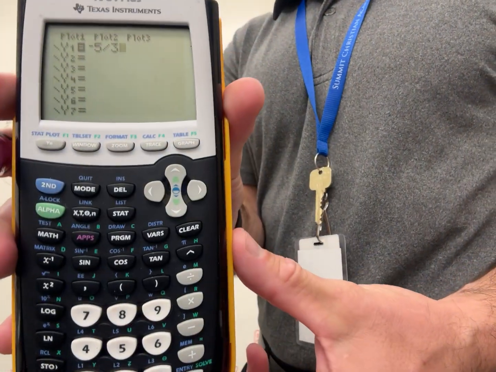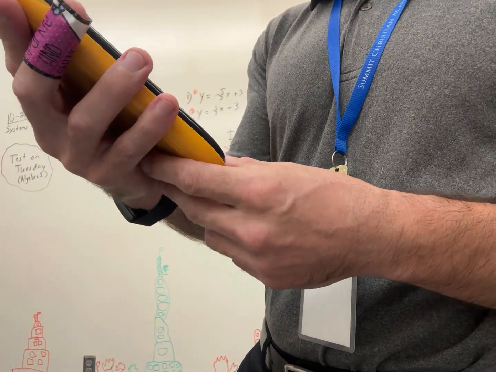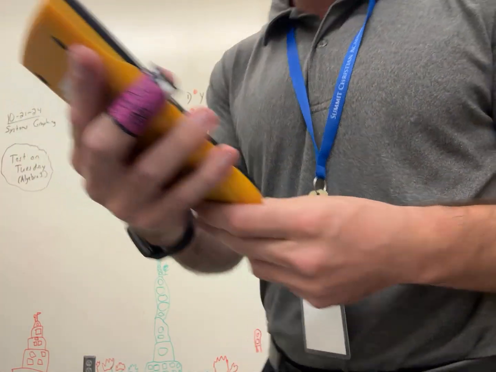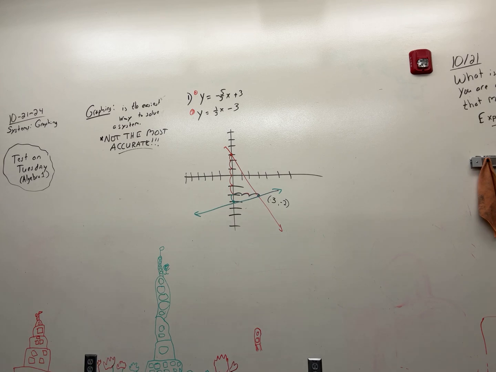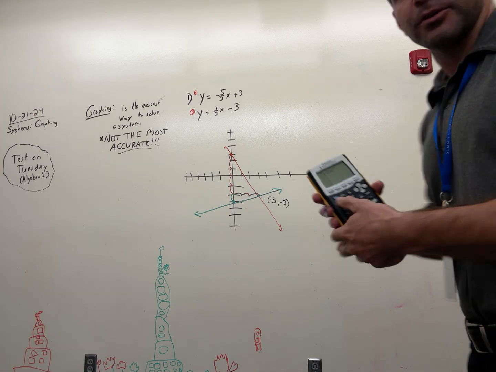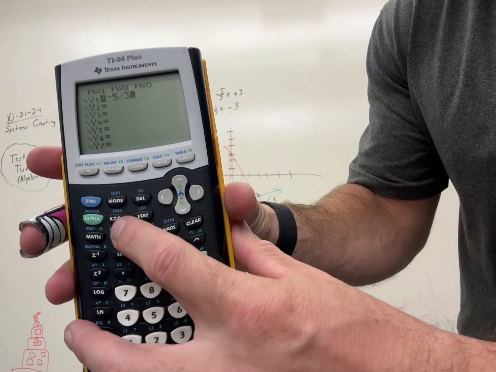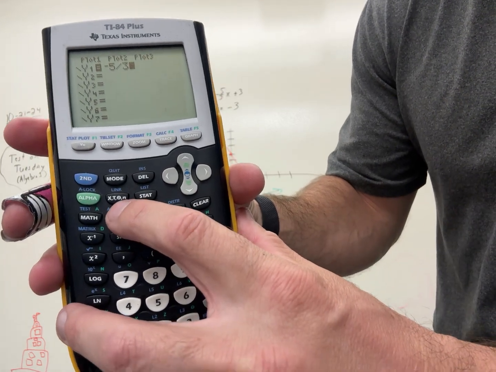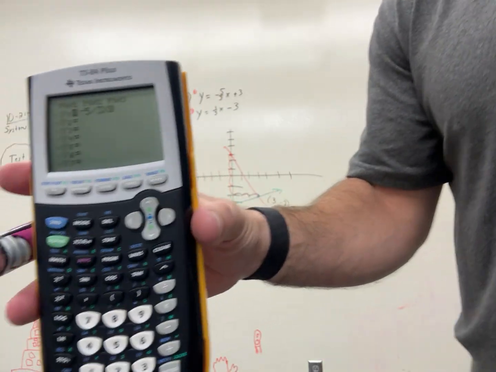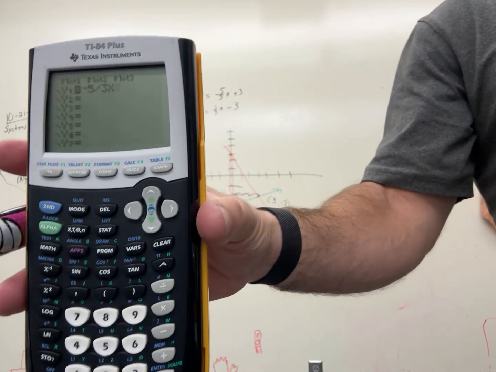You should see the blue second button. Go over to where it says mode. And directly underneath that, you see a button that's an X, a T, a theta, and an N. Press that button. You now have -5/3 x.